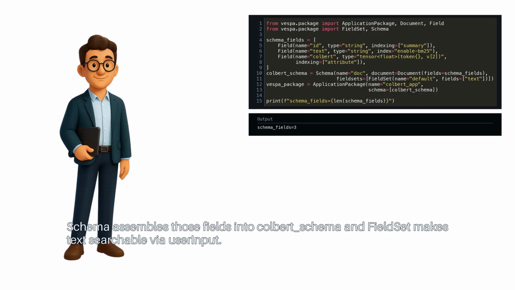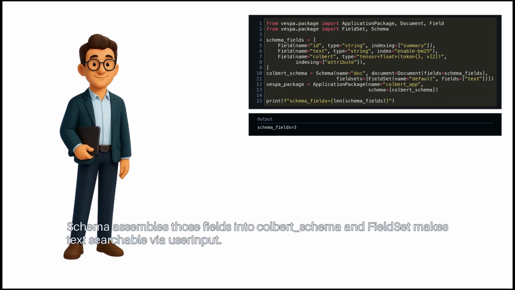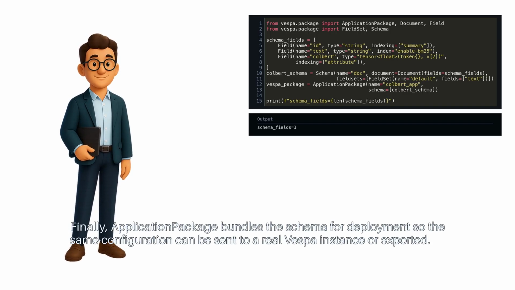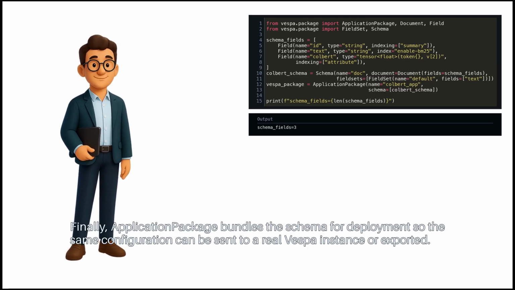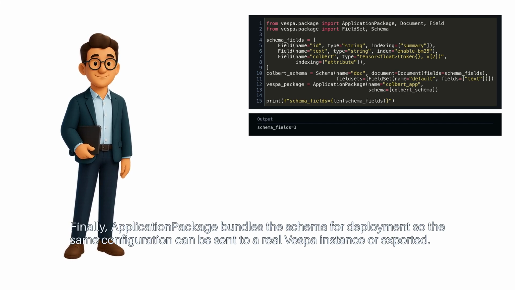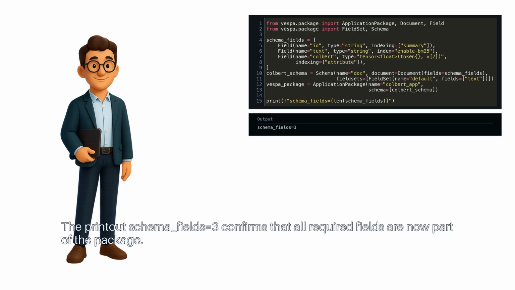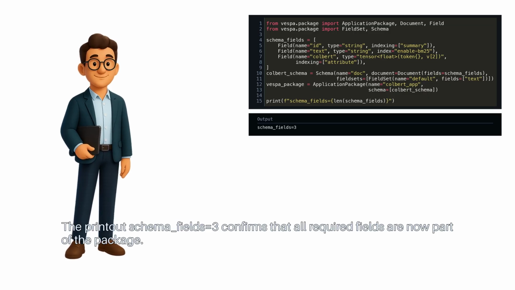Schema assembles those fields into colbert_schema, and a fieldset makes text searchable via user input. Finally, the application package bundles the schema for deployment, so the same configuration can be sent to a real Vespa instance or exported. The printout schema fields 3 confirms that all required fields are now part of the package.